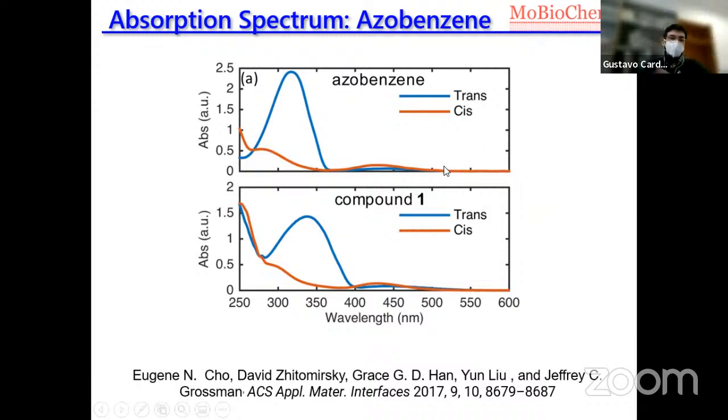So what's the big deal here? This is the experimental absorption spectrum of azobenzene. I took this picture from this paper, but you can find it in several places. The most important thing is that what you have here is a rather broad band.